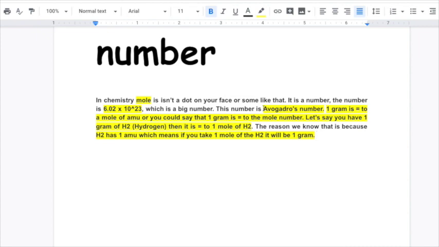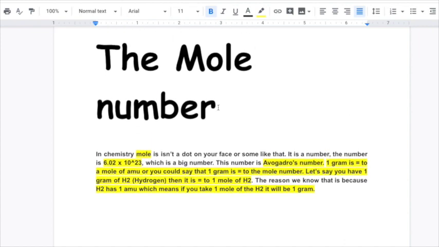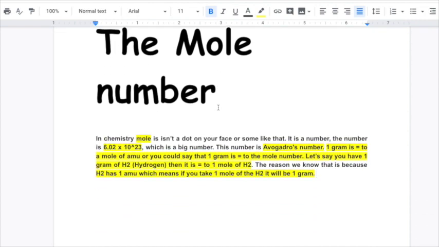This number is Avogadro's number. 1 gram is to a mole of atomic mass units, or you could say that 1 gram is equal to the mole number. Let's say you have 1 gram of hydrogen, or it could be anything: gold, carbon, boron, lithium, anything. If you have 1 gram of hydrogen, then it's equal to 1 mole of hydrogen.